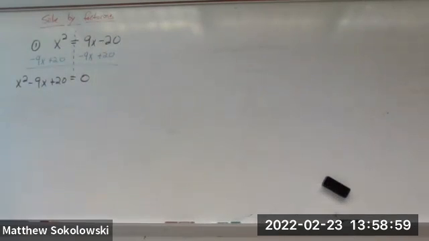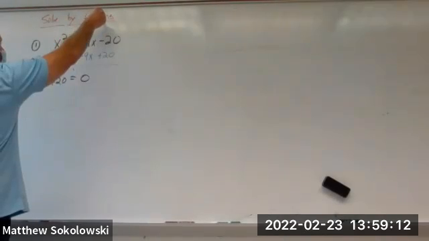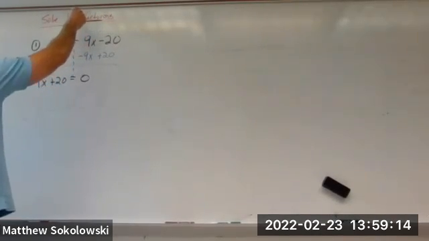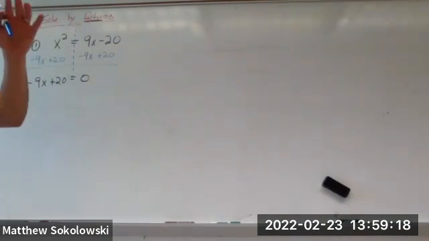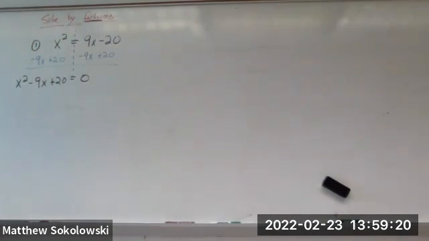How do we factor it if there's no GCF? You do the thing. Yeah, you find multiples of 20. Factor by making parentheses. Two sets of parentheses.